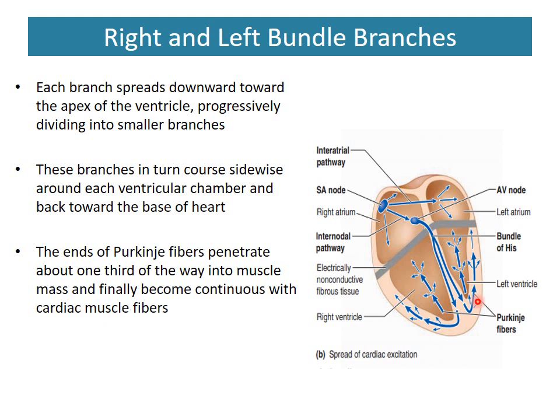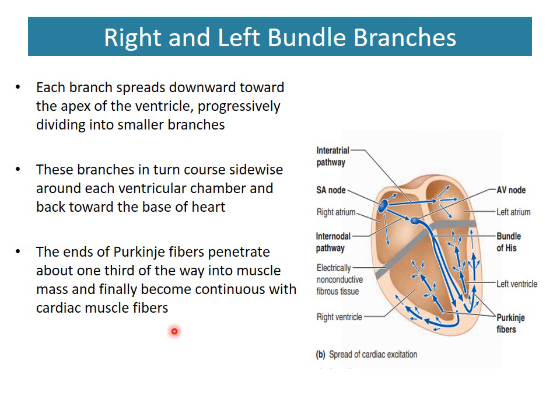These smaller branches in turn course sidewise like this around each ventricular chamber and back toward the base of the heart. This is the base of the heart. The ends of the Purkinje fibers penetrate about 1/3 of the way into the muscle mass and finally become continuous with the cardiac muscle fibers.